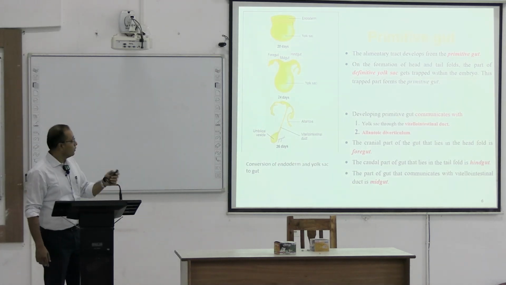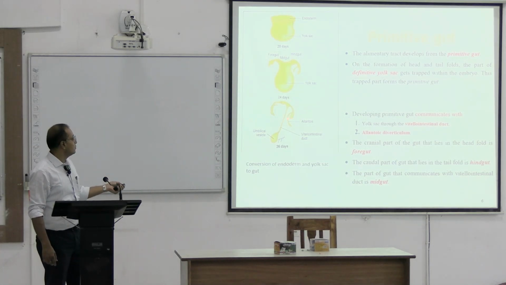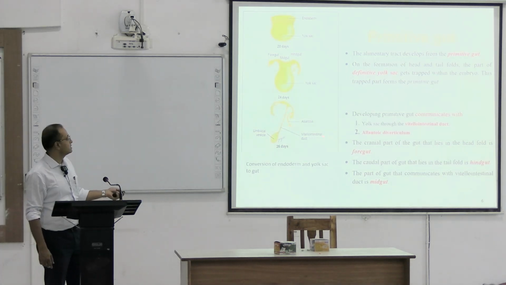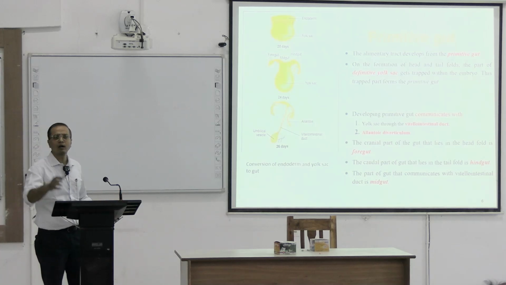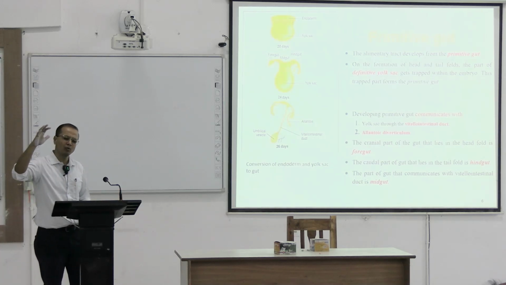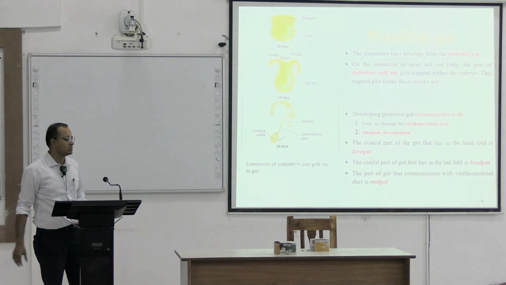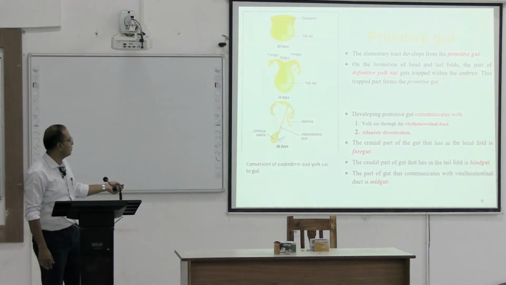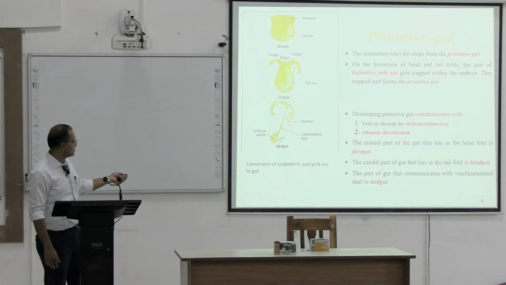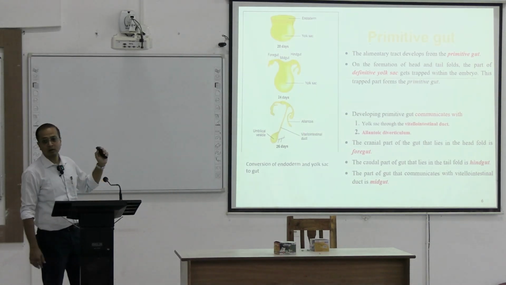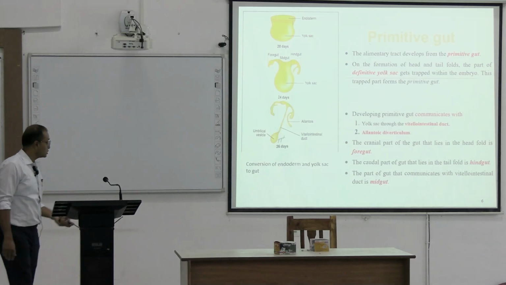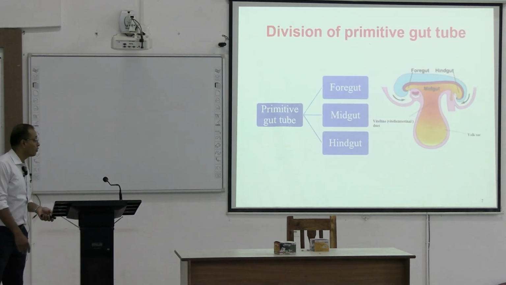Other than this, in the hindgut tube there might be another projection, a diverticulum, which we call the allantoic diverticulum. We will talk about it when we discuss urinary system development. That is separate, so I am not addressing that part. We are only focusing on the Vitello-intestinal duct, Yolk sac, primitive foregut tube, primitive midgut tube and primitive hindgut tube. That is all, so with this we are moving forward.